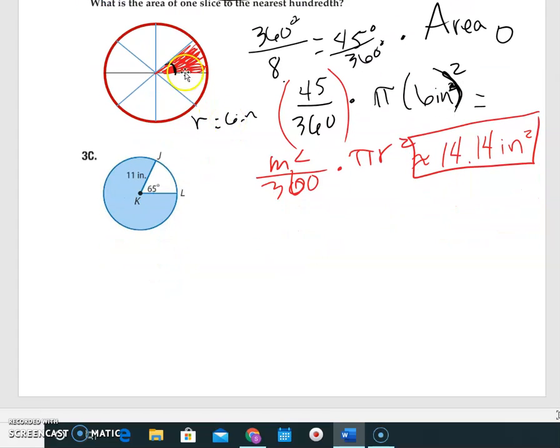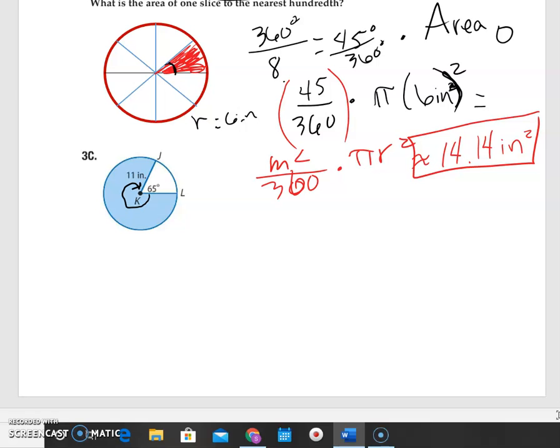All right, for our next one, we've got a different shaded region. It's not what's not shaded, it's what is shaded. So I've got to create a little bit of a plan for this. We can either find the area of the whole circle and subtract a little piece, but that seems like a lot of work. Or why don't we just find how many degrees are in the shaded section?